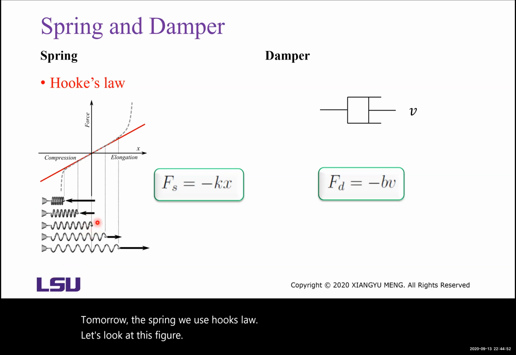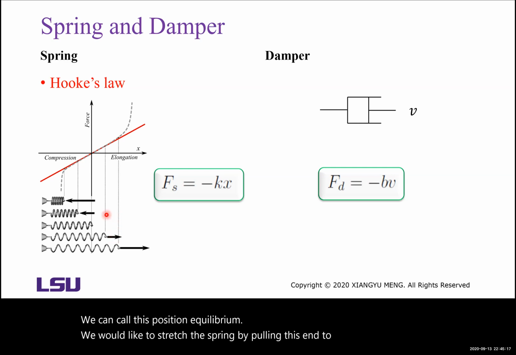This is the position where the spring is relaxed. We can call this position equilibrium. Now we would like to stretch the spring by pulling this end to the right by a displacement x.